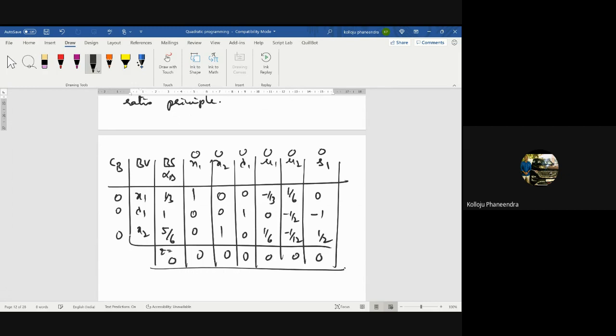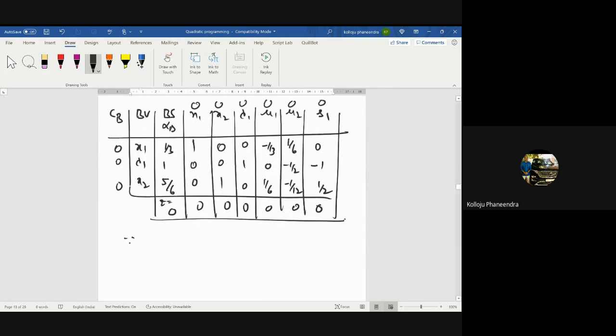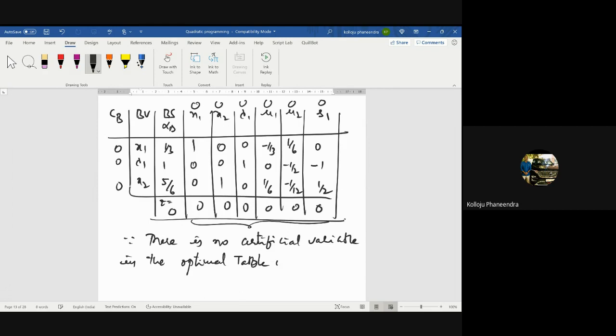Everything is 0. Okay. Since there is no artificial variable in the optimal table of phase 1, this is the optimal table, right? All are greater than or equal to 0. In the optimal table of phase 1, it is feasible.